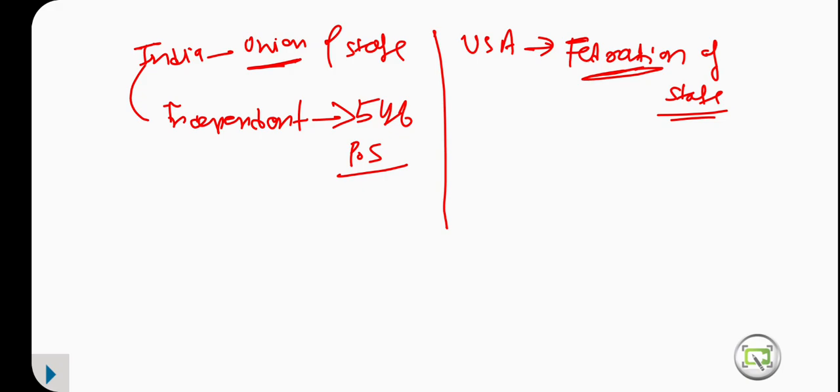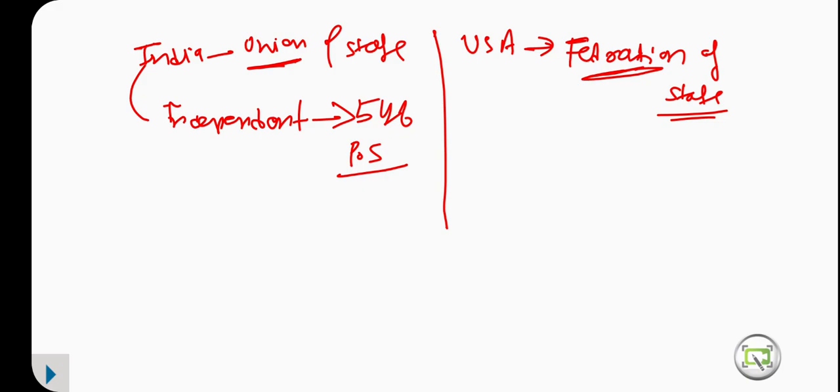As we know, when India became independent, there were perhaps 546 princely states.